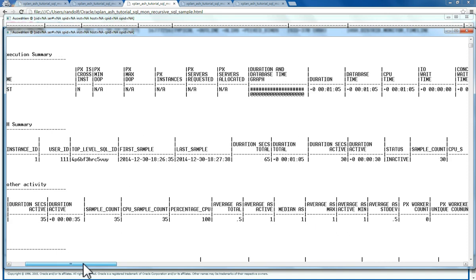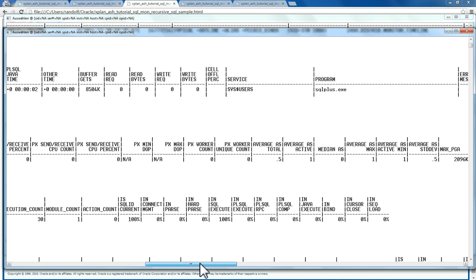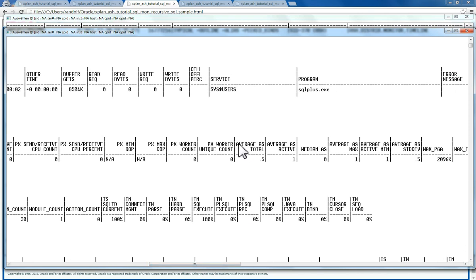So just to give you an idea, we have here the average active sessions total and average active sessions active, which, as I said, are based on the same idea.